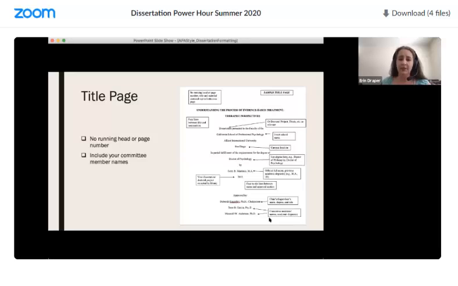In this example, you can see the 3 committee members down at the bottom underneath 'approved by.' This is not going to change from 6th to 7th edition, so don't worry about that. We don't have a signature page in the dissertation anymore, so if you are looking at some older ones, you might see that, but we have replaced that with your clearance form that your committee signs, and so your committee members' names are going to appear here on the title page.